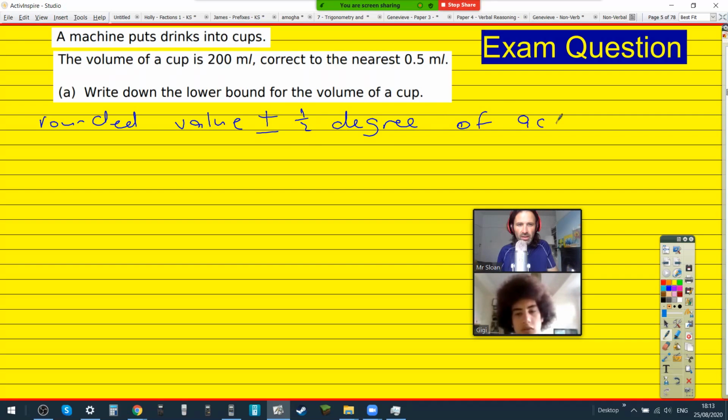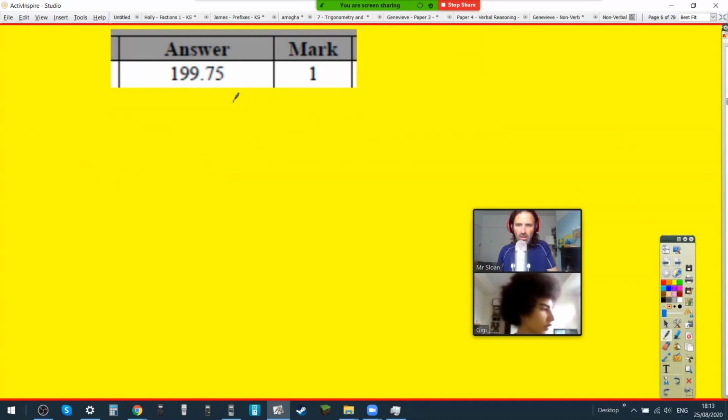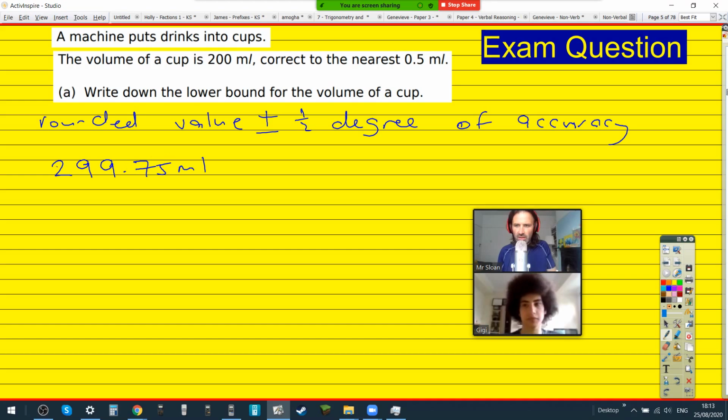Okay, so they want the lower bound for this one, so it'd be the minus one taken away. So the lower bound would be 299.75. Well done. And that's milliliters. Wait a second, let me write that down.